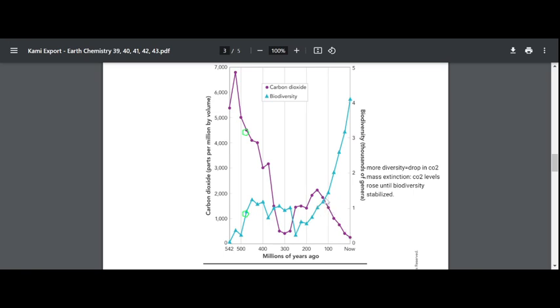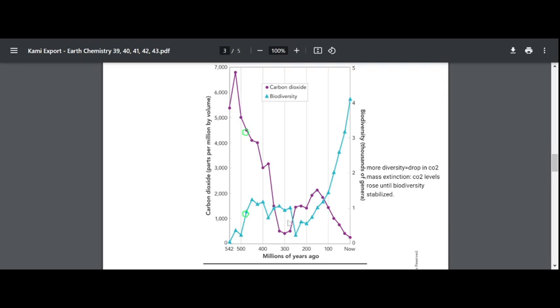So as you can see over here, when biodiversity increases, okay, again, biodiversity is increasing, and then we see over here, carbon dioxide is decreasing. So again, more diversity shows that there's a drop in CO2, okay?